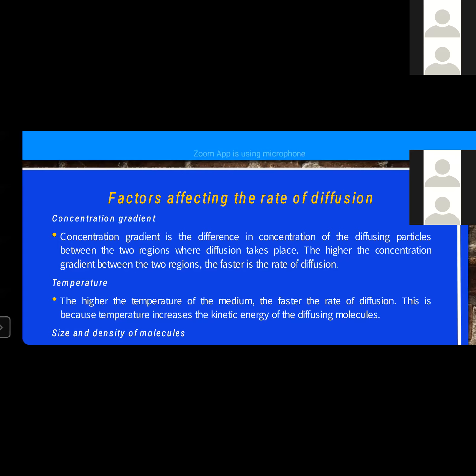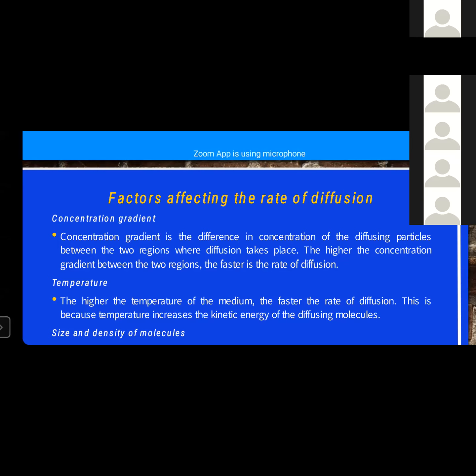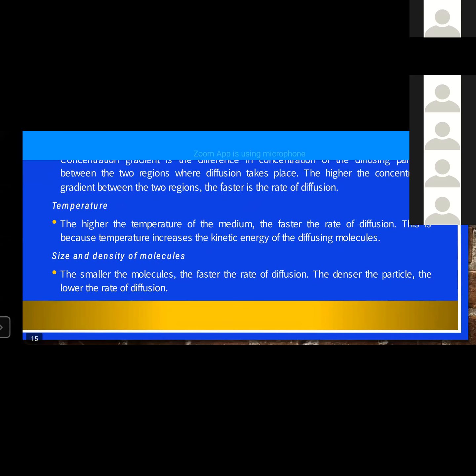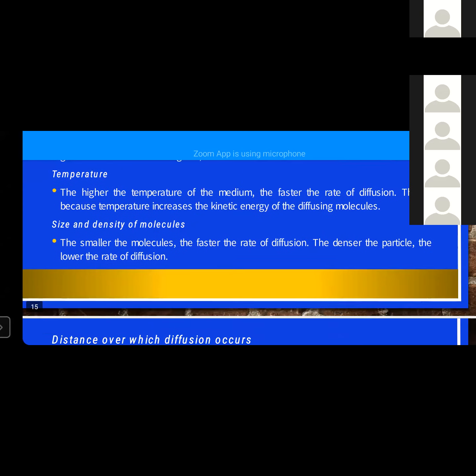The smaller the molecules, the faster the rate of diffusion, while the bigger the molecules, the slower the rate of diffusion. That's very good, yes. So in other words, the larger the molecules, the larger the size, the lower the rate of diffusion. The smaller the molecules, the faster the rate of diffusion, because density lowers the rate of diffusion of these particles.